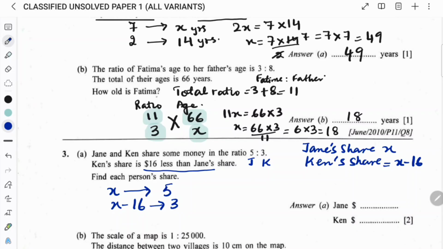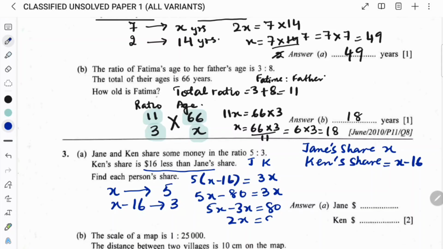You will be getting 5 times x minus 16 is equal to 3x. So 5x minus 80 is equal to 3x. 5x minus 3x is equal to 80, and 2x is equal to 80, x is equal to 40. Okay, so it means that Jane's share is 40.